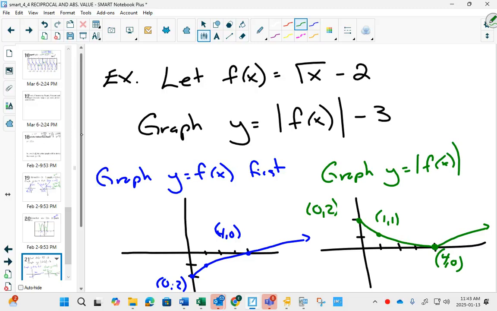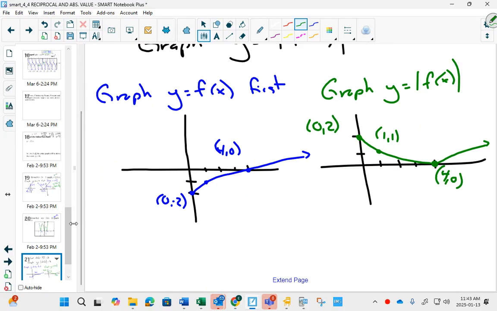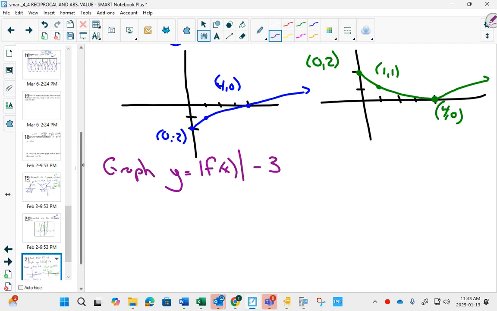And finally, change to purple, I can now graph y equals the absolute value of f of x minus 3, because that would just be my green graph shifted down 3 units. So what would that look like? Well, (0, 2), if I shifted that down 3 units, would be (0, -1).